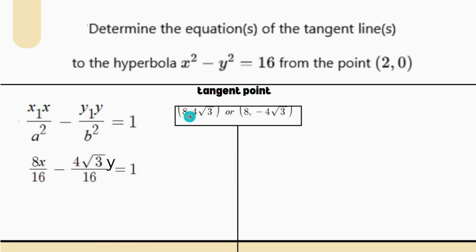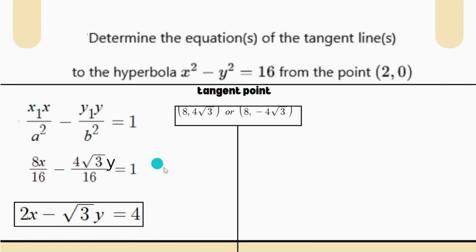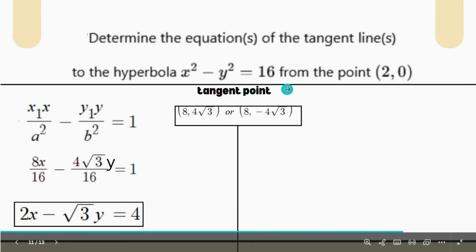It is x1 and y1, and we substitute: 8x over 16 minus y times 4 root 3 over 16 equals 1. And we multiply both sides by 4. And we get the tangent line equation: 2x minus root 3 y equals 4.